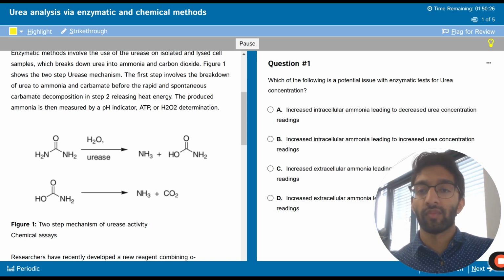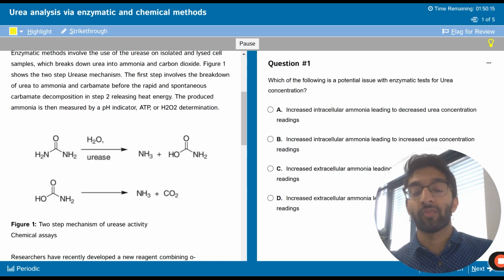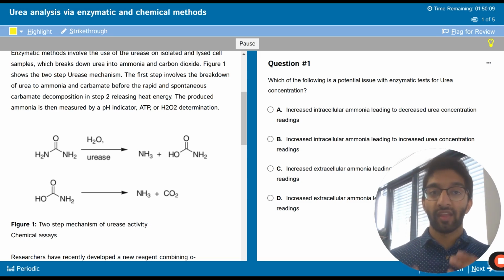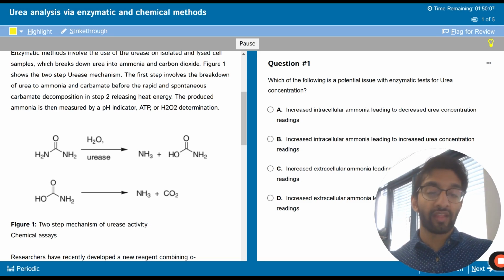So first is the breakdown, and then there's a second step where we release heat and it's spontaneous. So, okay, seems like it's a reaction that is overall spontaneous, right? It doesn't really require us to put in outside energy in order for it to happen. So that also makes it very useful, because if you have it in an enzymatic method like this, right, to test the level of urea using this urease enzyme, you can just add the enzyme and then it'll automatically go into the reaction for you.